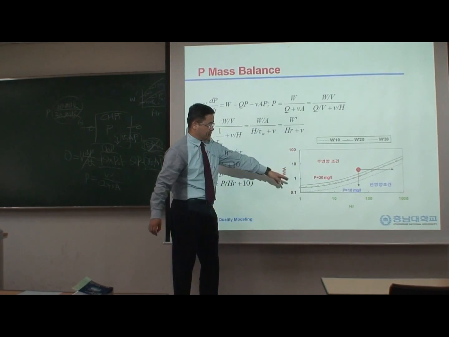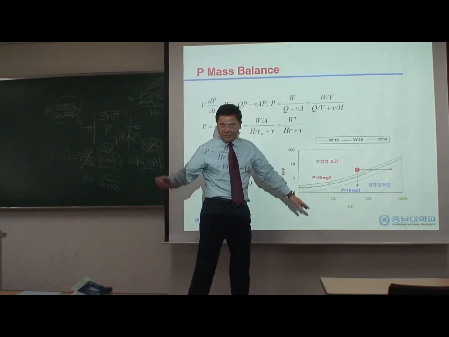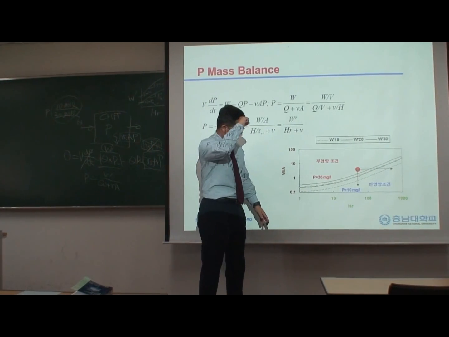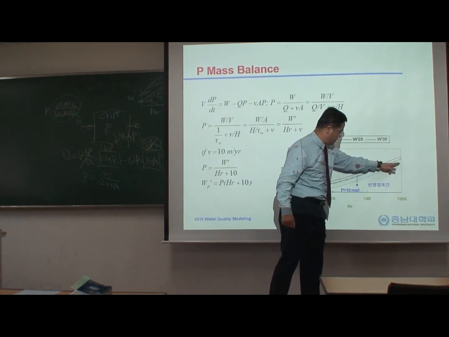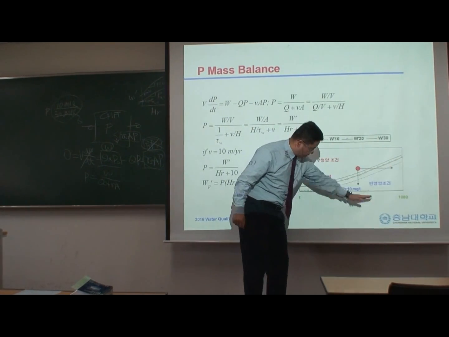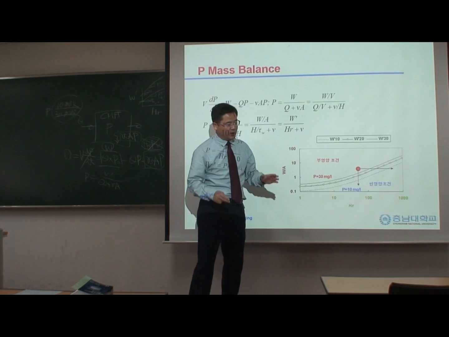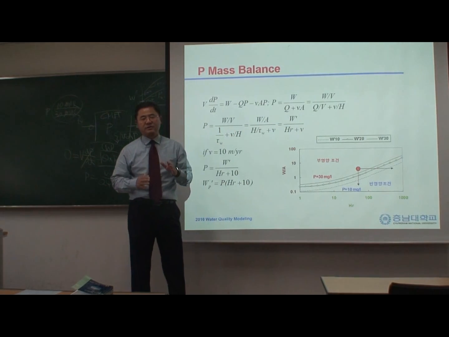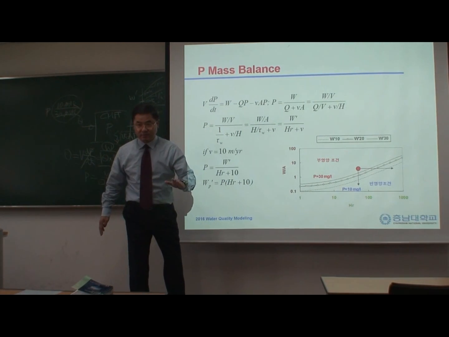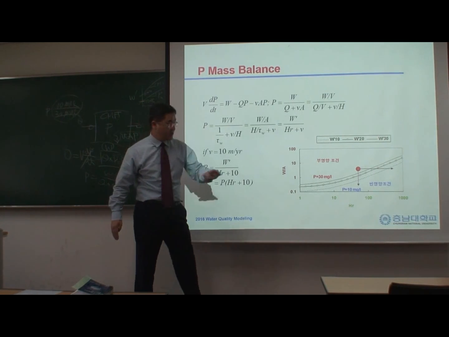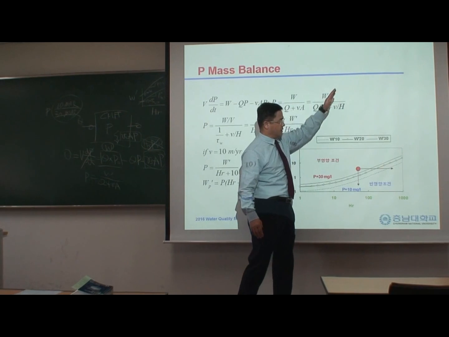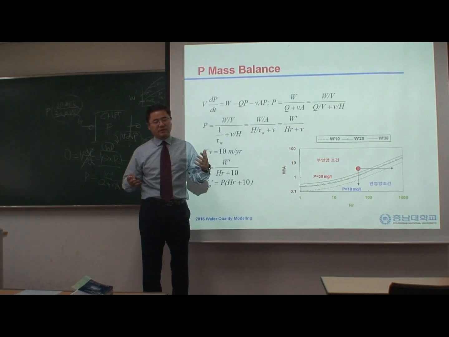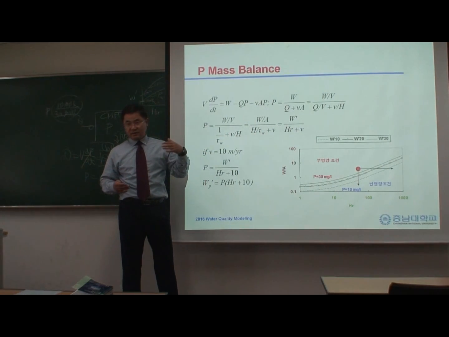So I will come to here because those two are the same curve. So I have P equals 10 here. And under this curve, I will have concentration of phosphorus less than 10 microgram. Right? And in here, if I have 30, from here up, I will have phosphorus concentration higher than 30 microgram per liter.